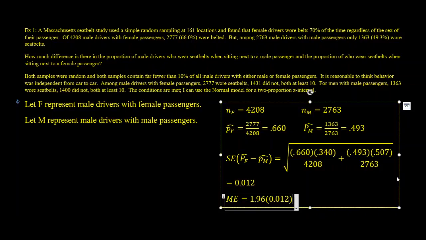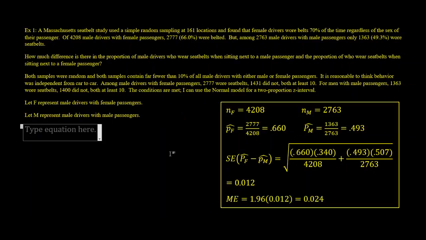And we will add and subtract that from the difference in proportions. So, p hat of females minus p hat for males. So the proportion of male drivers with female passengers wearing a seatbelt, minus the proportion of male drivers with male passengers, equals 0.167.